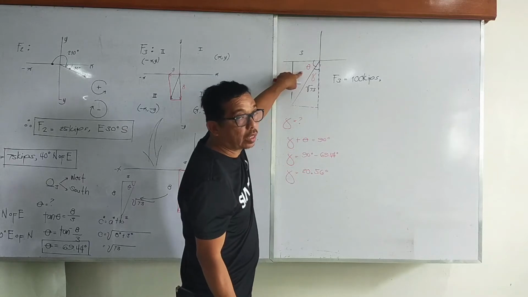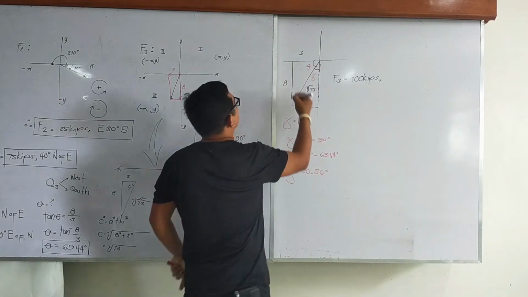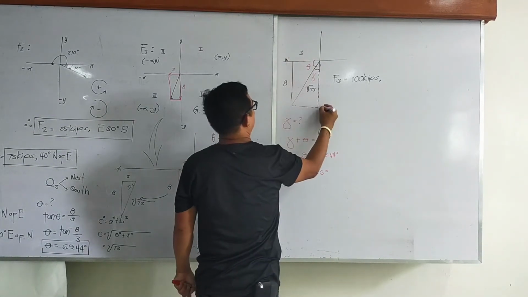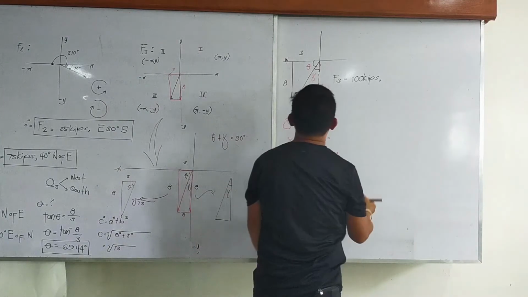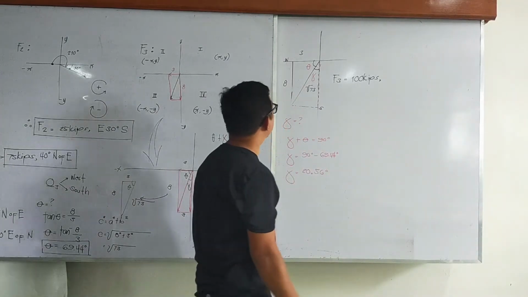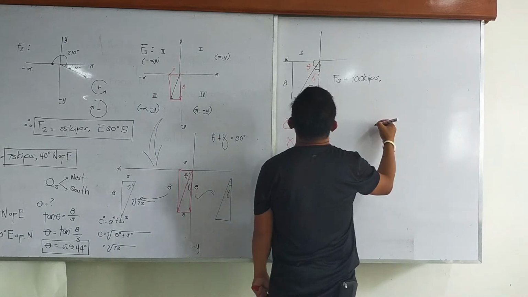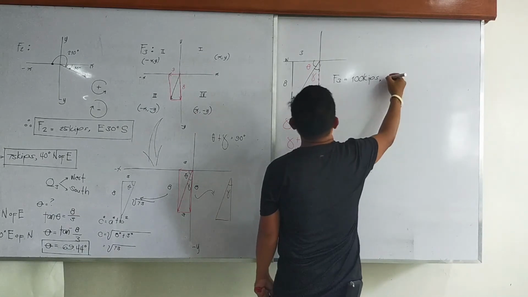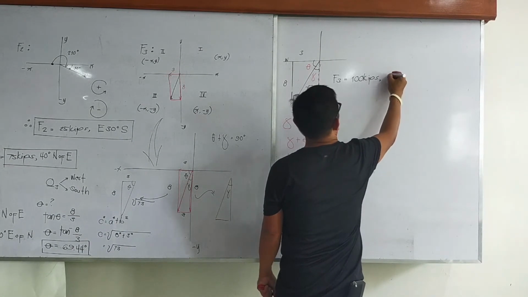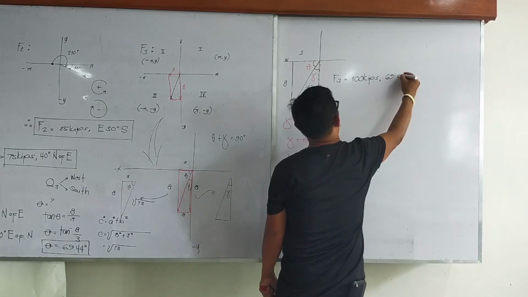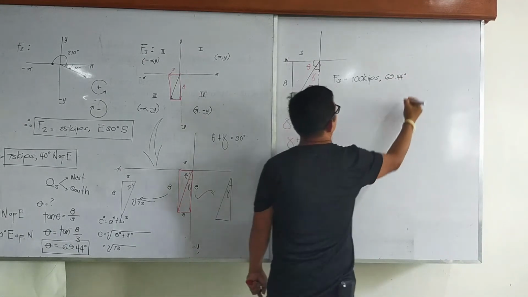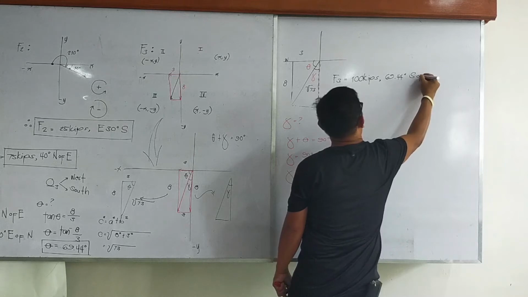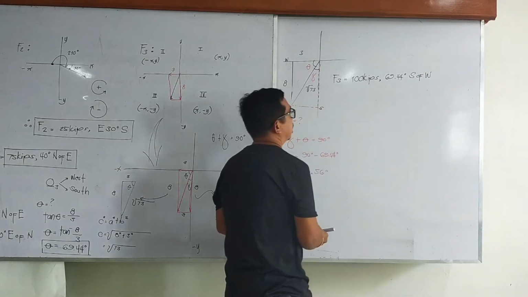We are to use theta, it is west and south, it would be 100 kips, 69.44 degrees south of west.